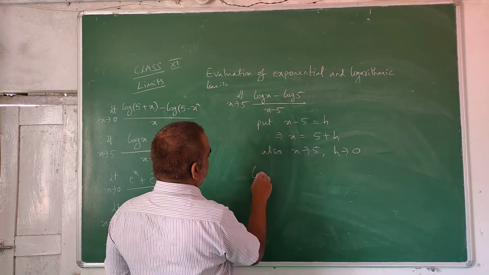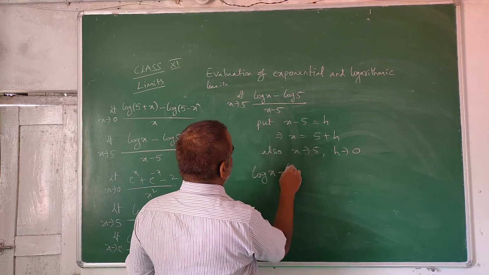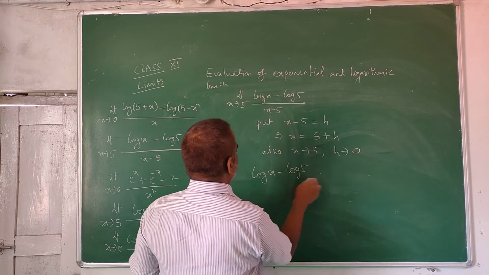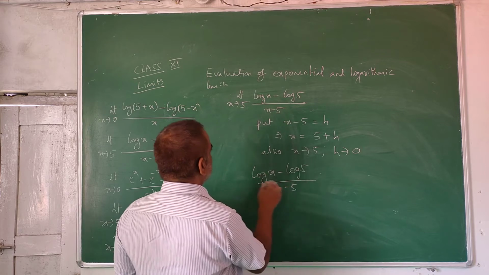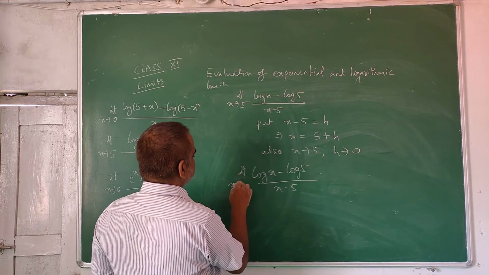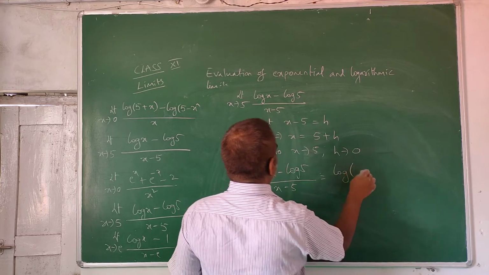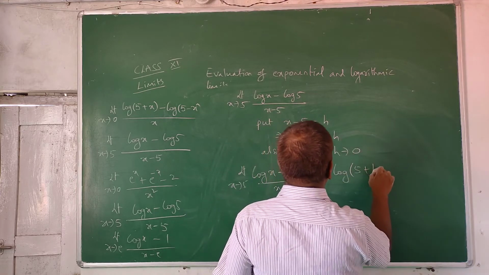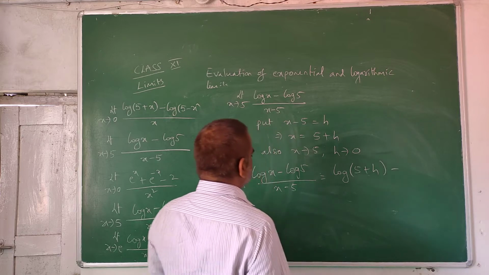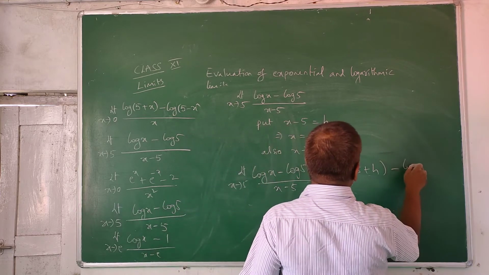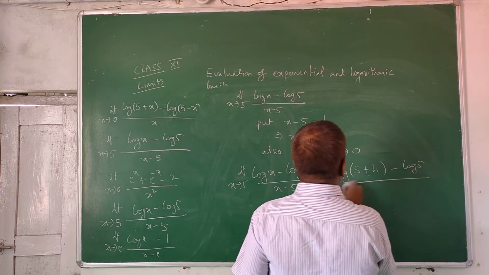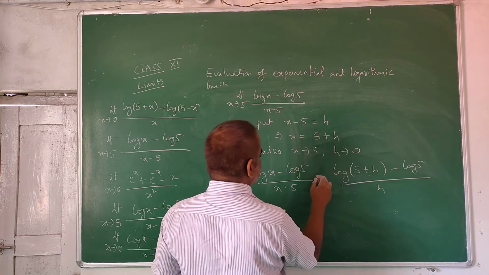So now log x minus log 5 by x minus 5 reduces to log of 5 plus h minus log 5 by h, limit h tends to 0.